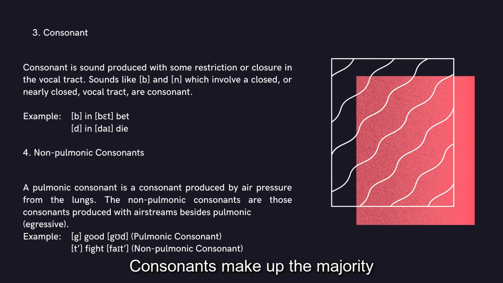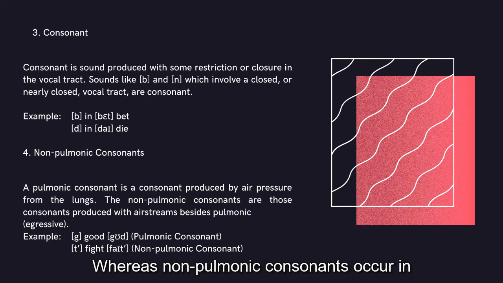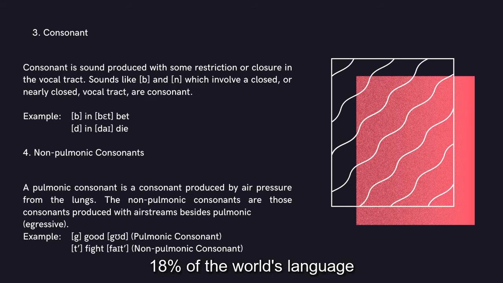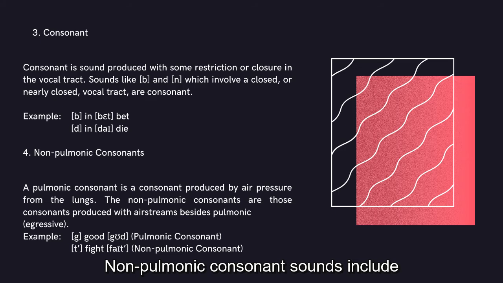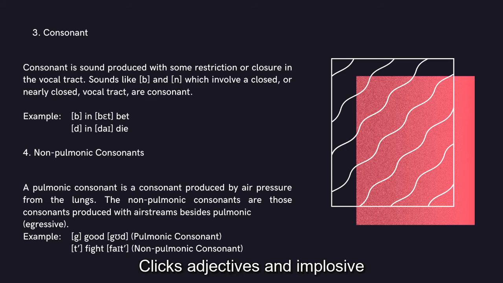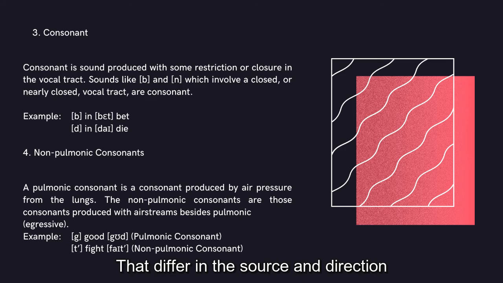Pulmonic consonants make up the majority of consonants in the IPA as well as in human language, whereas non-pulmonic consonants occur in about 18% of the world's languages. Non-pulmonic consonant sounds include clicks, ejectives, and implosives that differ in the source and direction of their air streams.